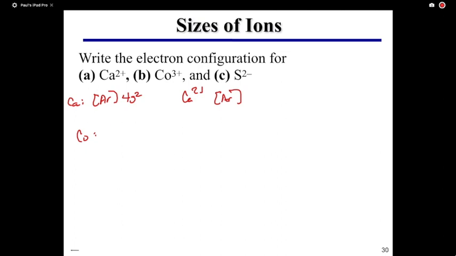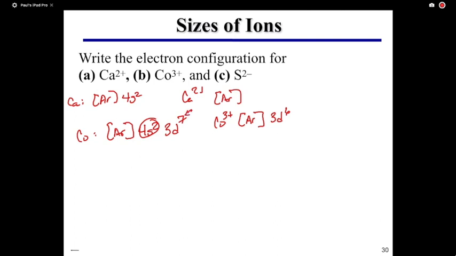Cobalt is argon 4s2 3d, and then count over 1, 2, 3, 4, 5, 6, 7, so 3d7. That's cobalt itself. If I say cobalt 3+, what would its electron configuration look like? What is it? 3d6. I take those 2 electrons away, and then 1 of these.